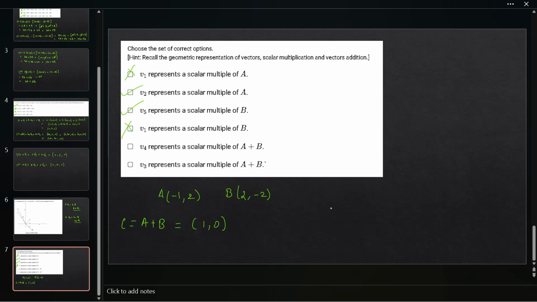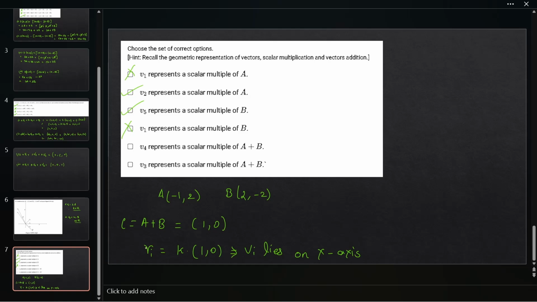If I want to write any vector, let's say Vi, as k times 1 comma 0, that is k times A plus B, then I can conclude that Vi lies on the x-axis.